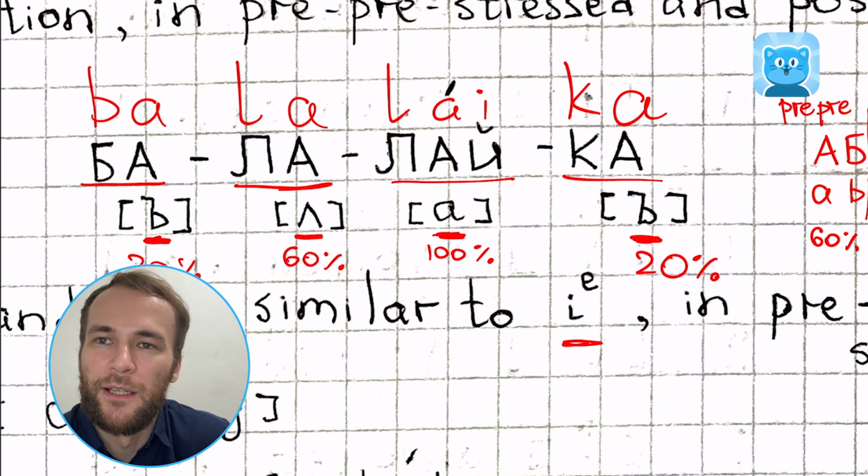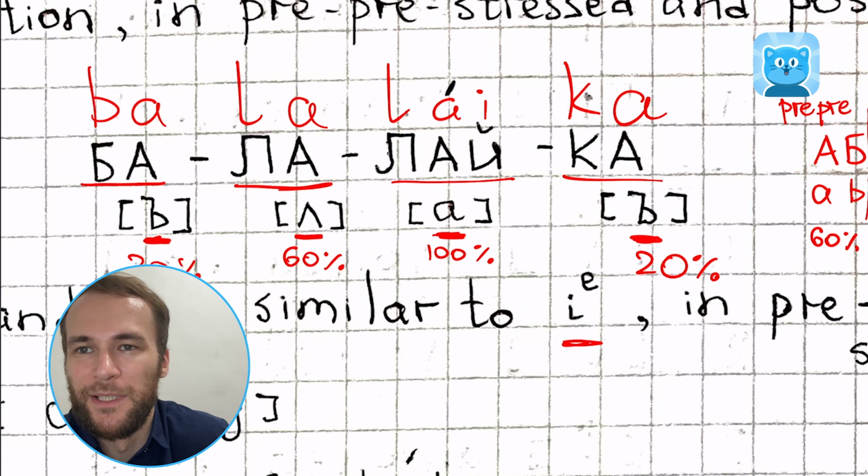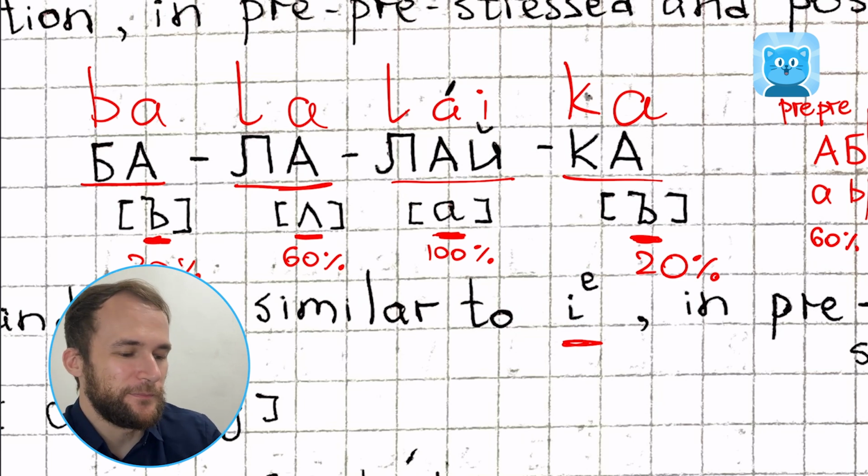If you want to sound super correct, then you will need to learn all these sounds. But if you don't really care about the way that you sound and you care more about the meaning and not the sound, then you can skip that and just say a all the time, right?